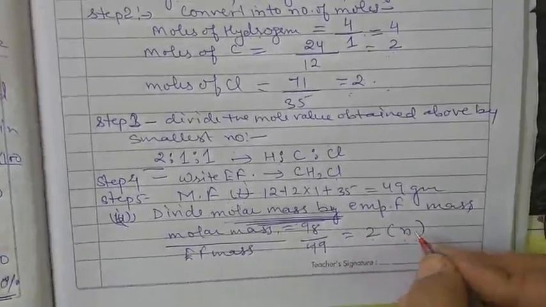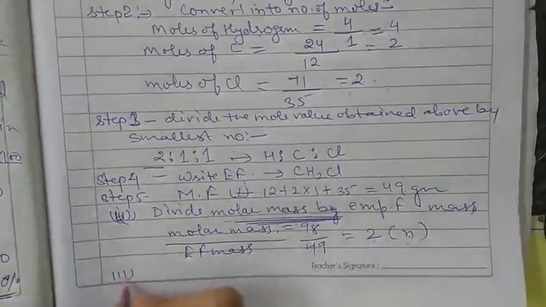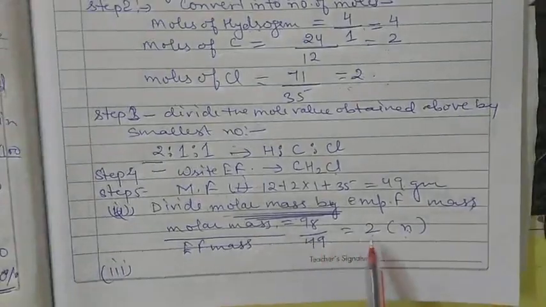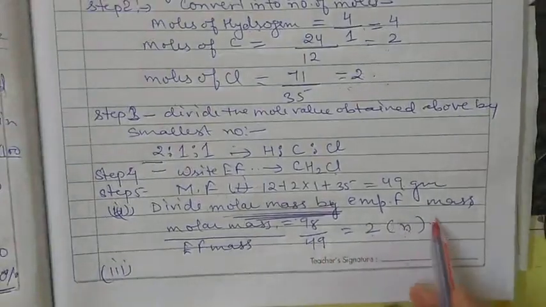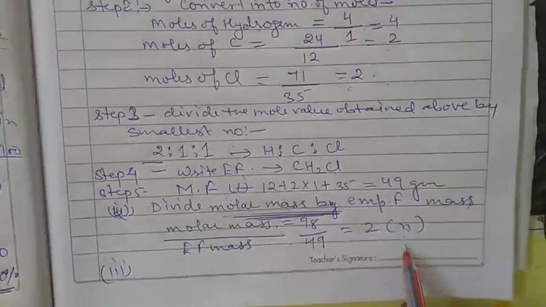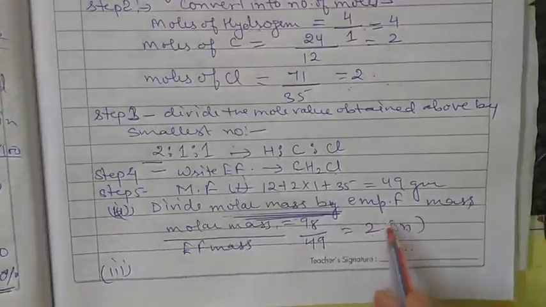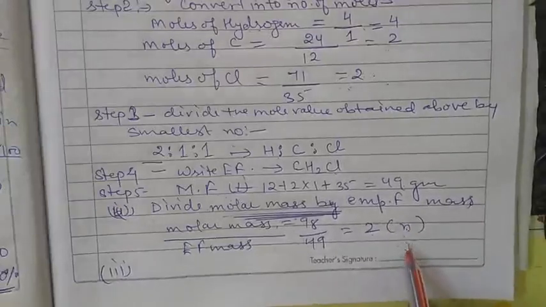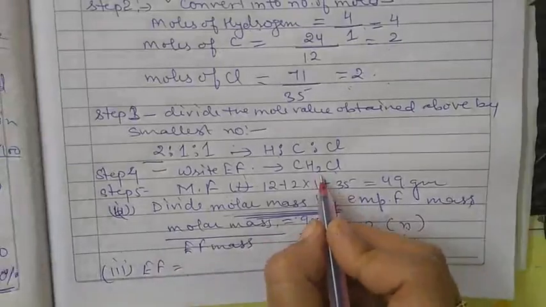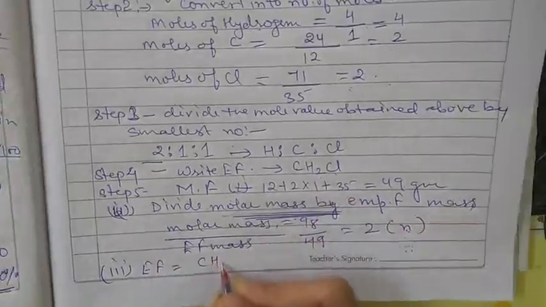Now the third step. In the third step, multiply the empirical formula by n obtained above to get the molecular formula. So this one is the empirical formula, CH2Cl.